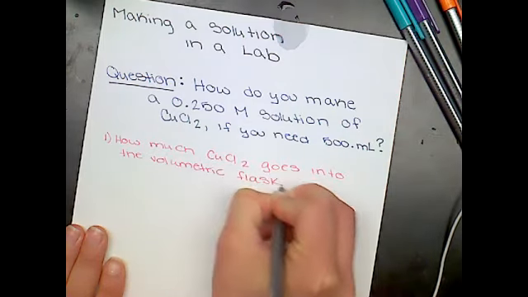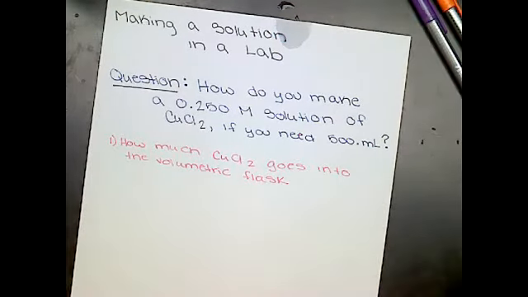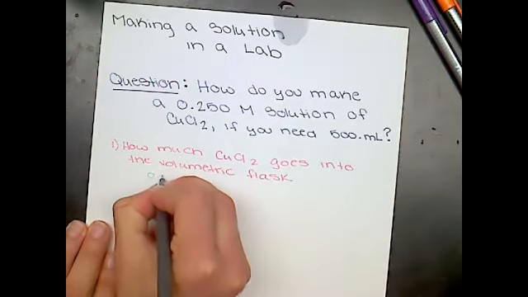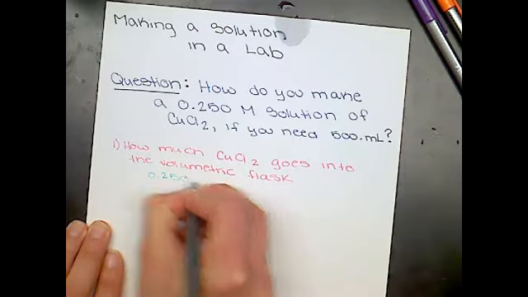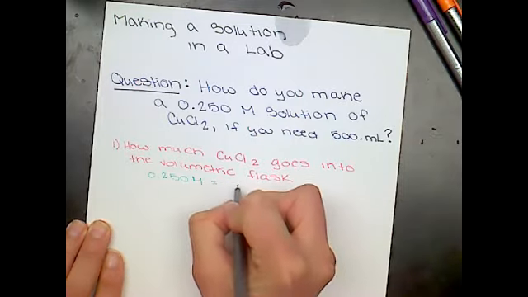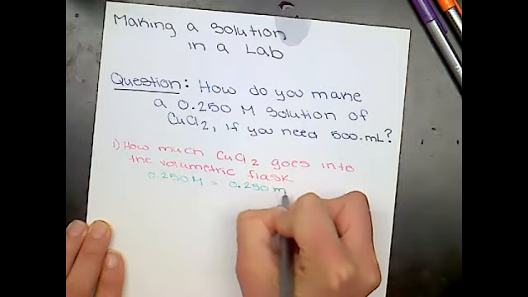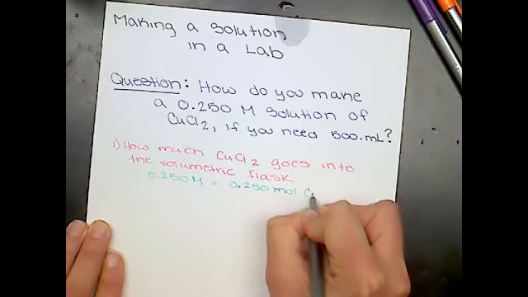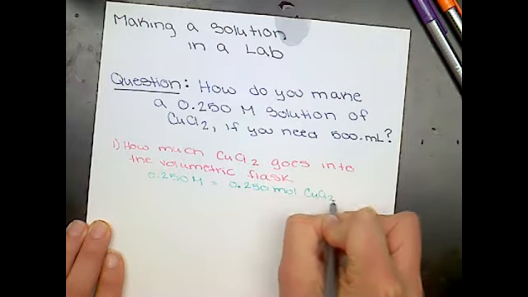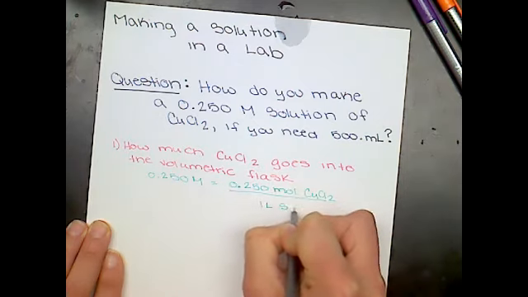Okay, so let's talk a little bit about solving for this part. Now, we know that we have a 0.250 molar solution. Remember that molarity has a unit of moles over liters, so we could really say it's 0.250 moles of copper 2 chloride over 1 liter of solution.